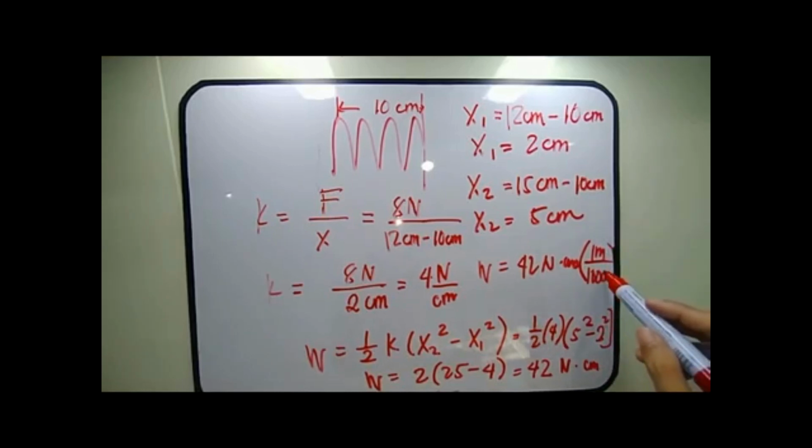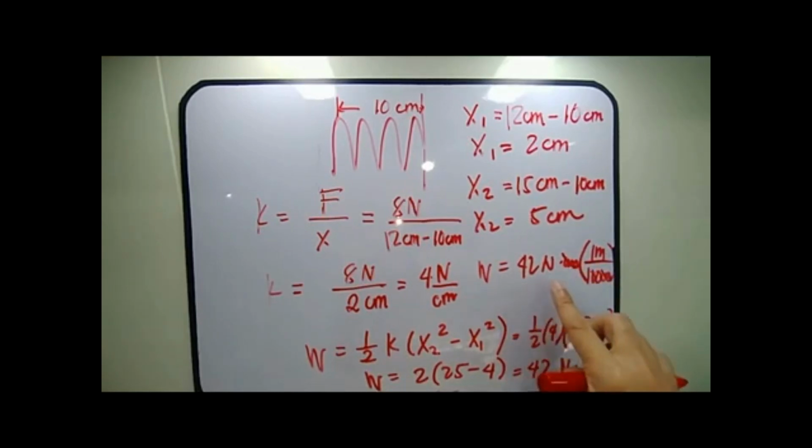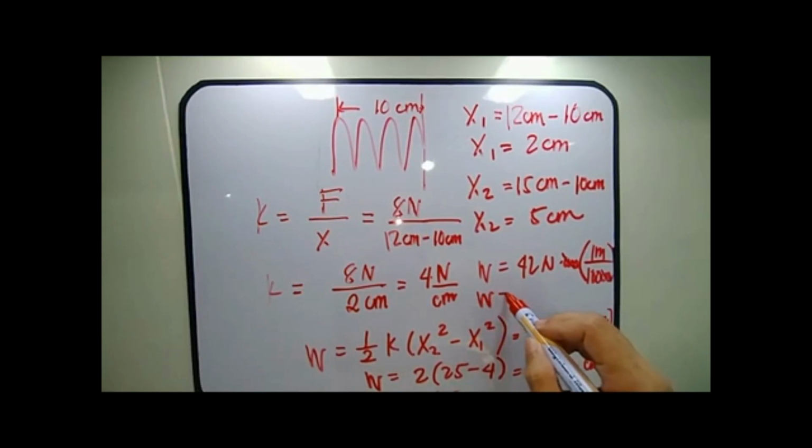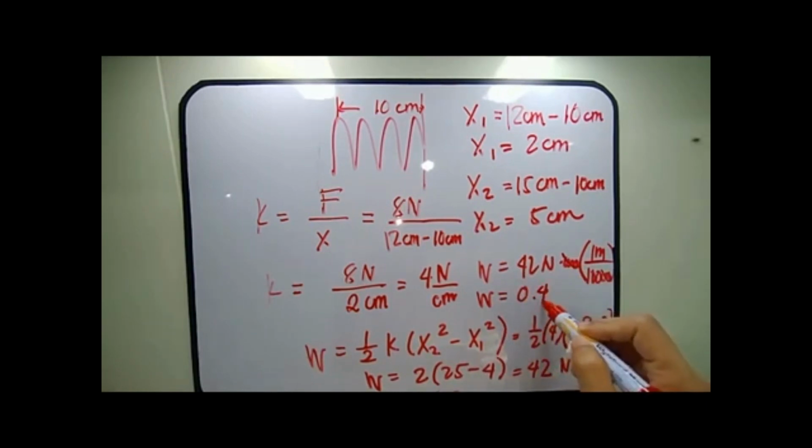So cancel the centimeter, you have 42 divided by 100, so that is 0.42 joule or newton meter. So it is in joules now, so 0.42 joule. So that is letter C.